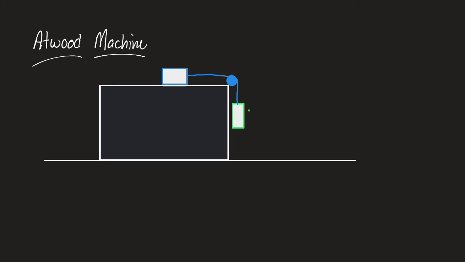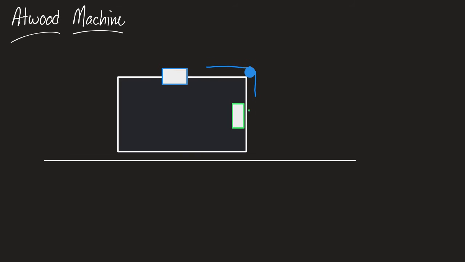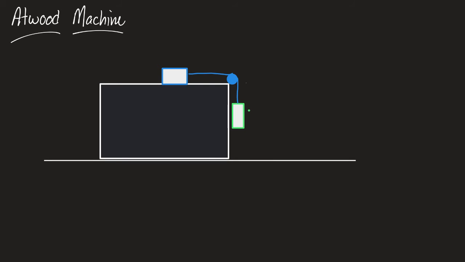There we go. Our modified Atwood machine question. They just love these questions. Me, I'm ambivalent about them. They're just okay. We're going to say that this one is 10 kilograms. Actually, no, let's just do M2 and M1.